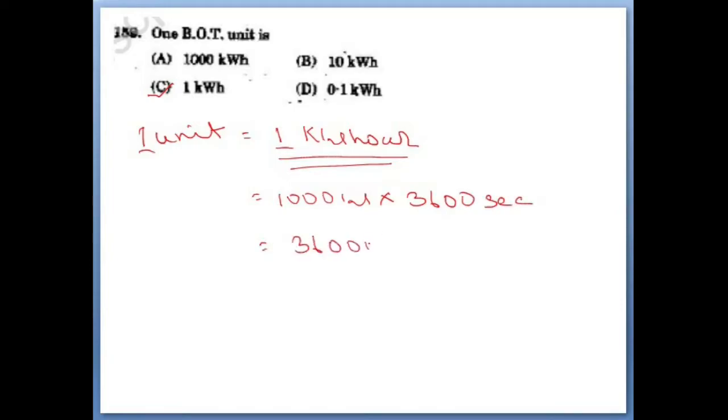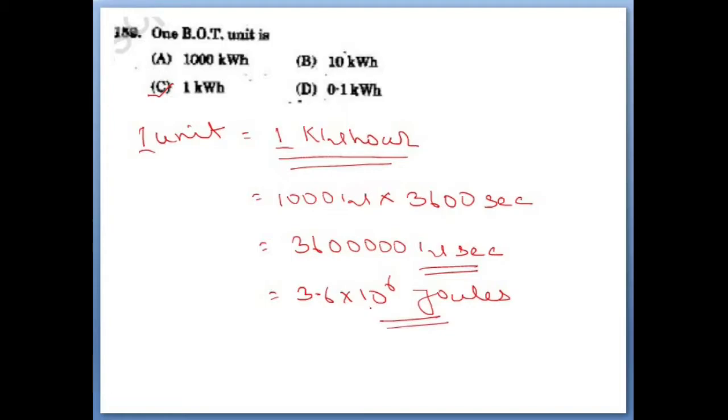So it is 3.6 into 10 to the power 6 watt second. Watt second is nothing but joule. So 3.6 into 10 to the power 6 joule. Sometimes they will ask this question, so you should know this.